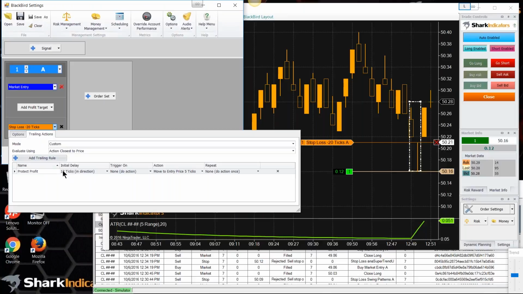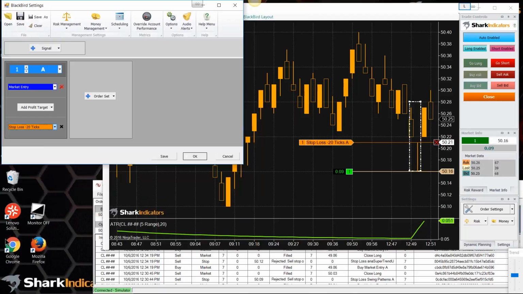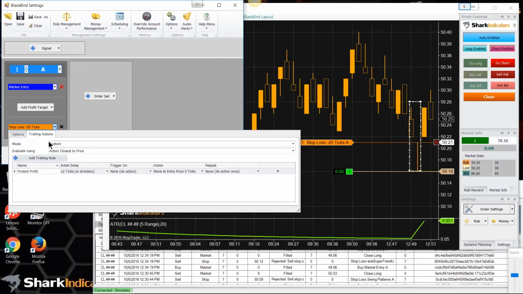Our initial delay determines how many ticks in profit you want to wait, and then determine where you want to move your stop loss to under actions. And that's right, every time I click off, this goes away. Sorry about that, guys.